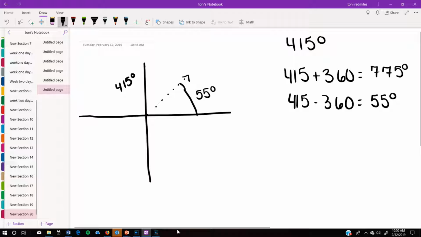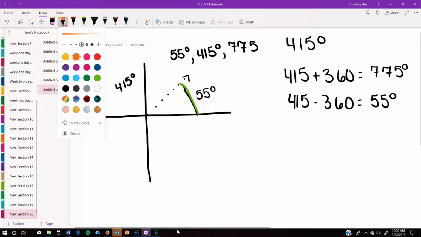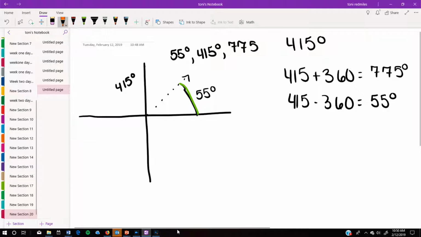So actually the coterminal was 55 degrees, 415 degrees, okay? And then I could do another 360 added on, and it'd be 775, so on and so forth. So my small angle was 55 degrees. My bigger angle was 415.